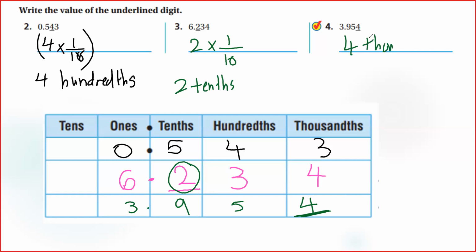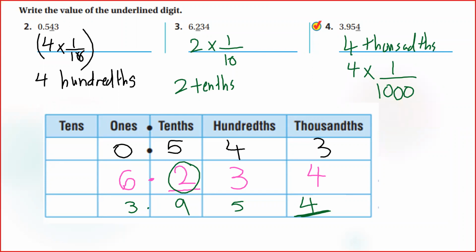Or 4 times what? 1 over 1,000. If you say thousandths, it means 1 over 1,000. Okay, thank you, Haneen.